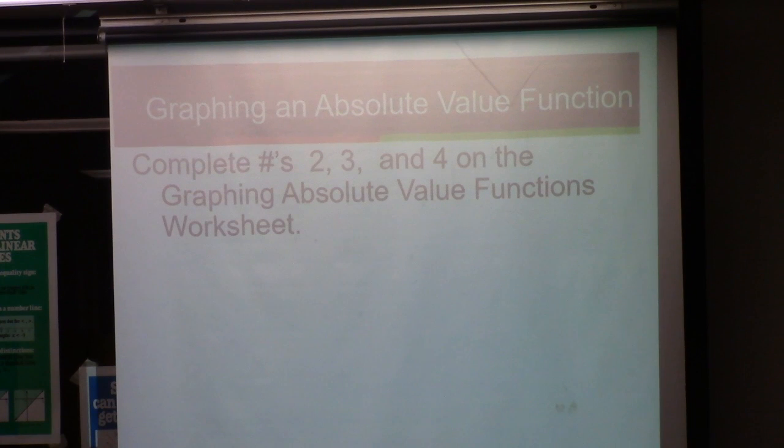How do you know we do -1? If it's positive 1, it remains positive 1, because absolute value makes everything positive always. Nothing's going to go negative on the x value, this is always going to be positive.